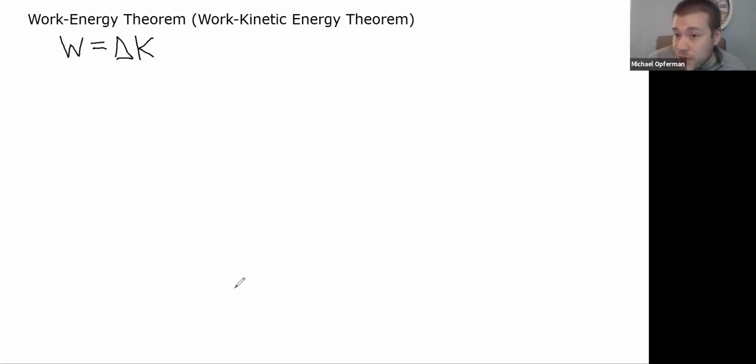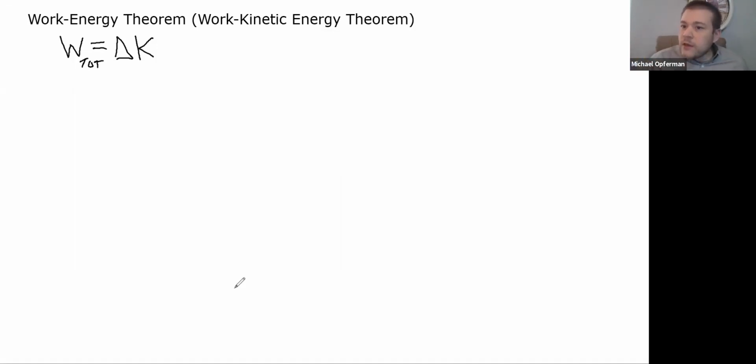Because I clearly showed you an example in the previous video, the one where you lift the box up like this, where the box's kinetic energy did not change, and yet there was work done. That's because of one important caveat to this formula, which is that it only applies when you are talking about the total net work done on an object, by all the different effects on the object combined.